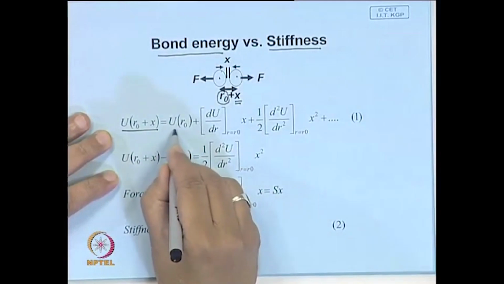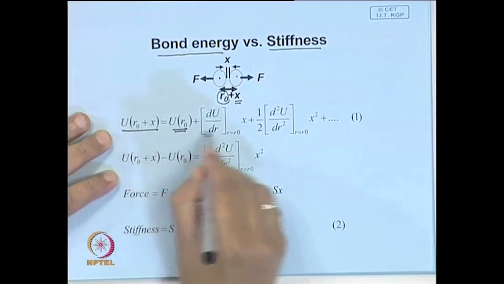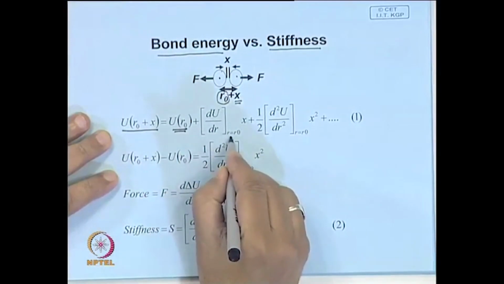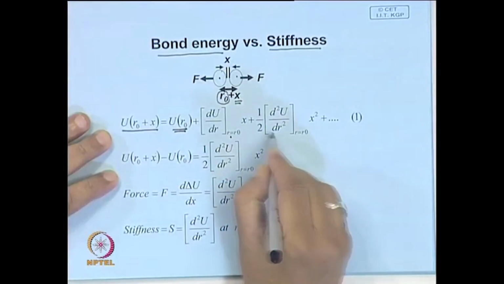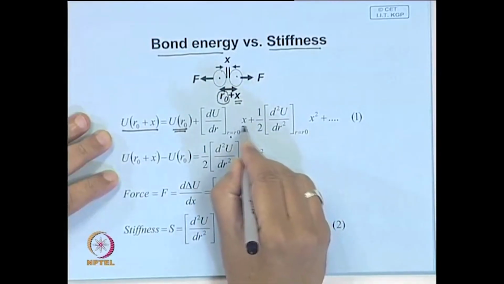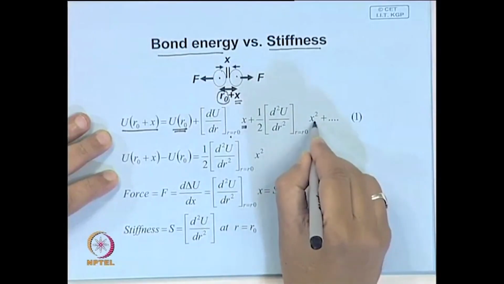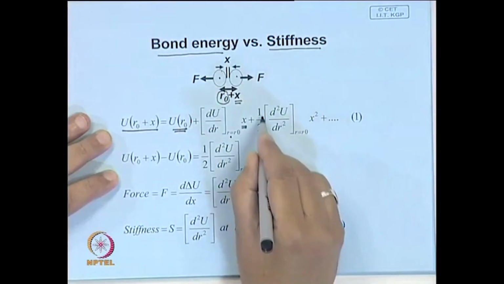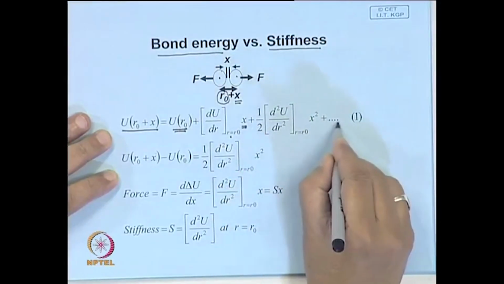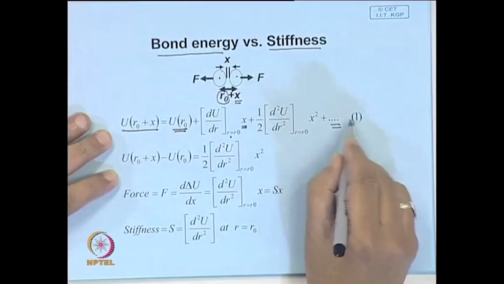So, this is the value of u at r naught, then the first differential at r naught times distance x, then the second differential times x square. There is a constant coefficient 1 over 2, and we can neglect the higher order terms which are smaller.